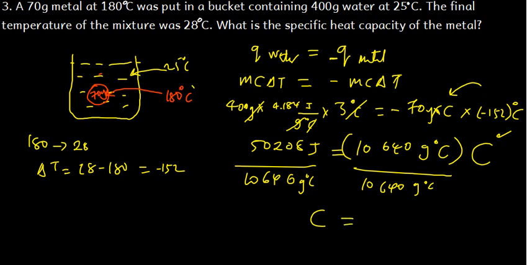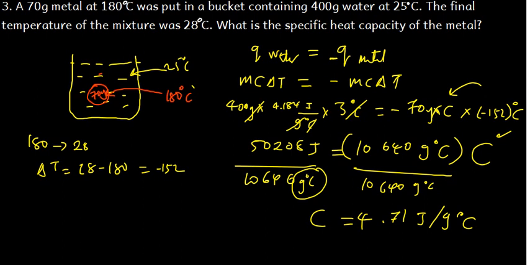So the specific heat capacity then is going to remain as 50,208 divided by 10,640. So that is 4.71 joules per gram degree Celsius. So that becomes then the specific heat capacity.